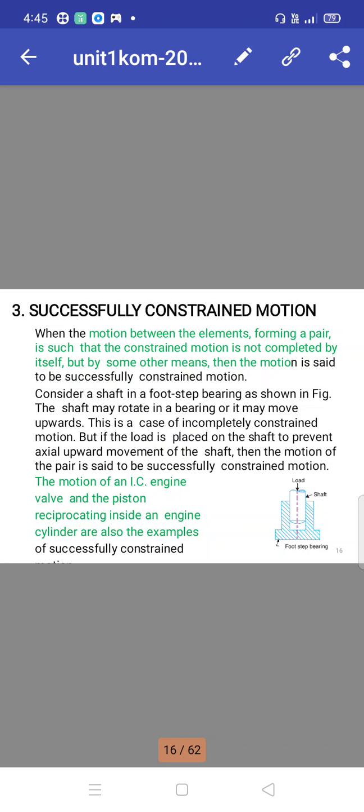This is a case of incompletely constrained motion, but if a load is placed on the shaft to prevent axially upward movement of the shaft, then the motion of the pair is said to be successfully constrained motion. The motion of an IC engine valve and a piston reciprocating inside an engine are examples of successfully constrained motion.